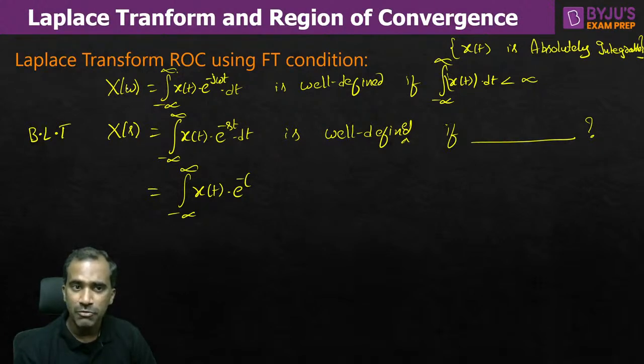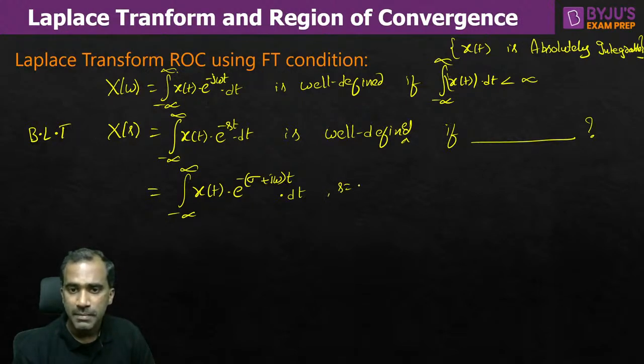If s were the same as j omega, the Fourier transform and Laplace transform would be the same, and there would be no point in learning the same thing with a different name, right? So s is sigma plus j omega. s has j omega internally, but s is not the same as j omega. When you put sigma equal to 0, then only s becomes j omega.